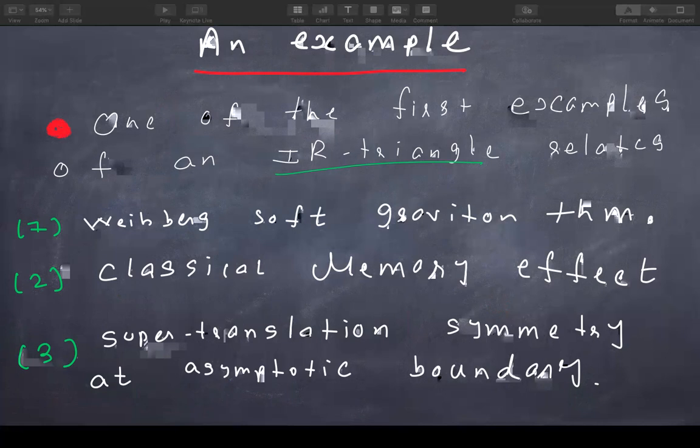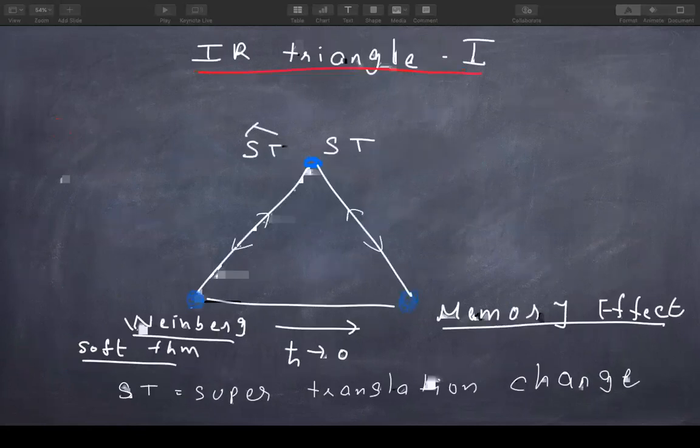On the classical observable side, it captures the classical, very well-known memory effect. And on the conservation laws or asymptotic symmetry side, it captures the super translation symmetries as symmetries of the S matrix. And it turns out, as you will see in the talk, that these three are really the same things. They just manifest themselves in different ways.